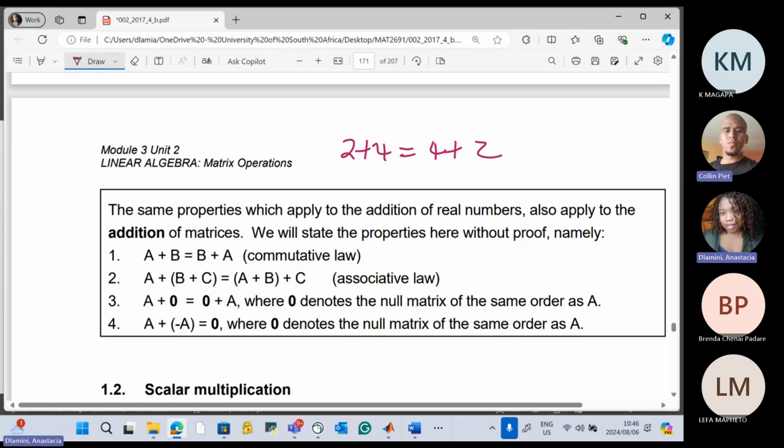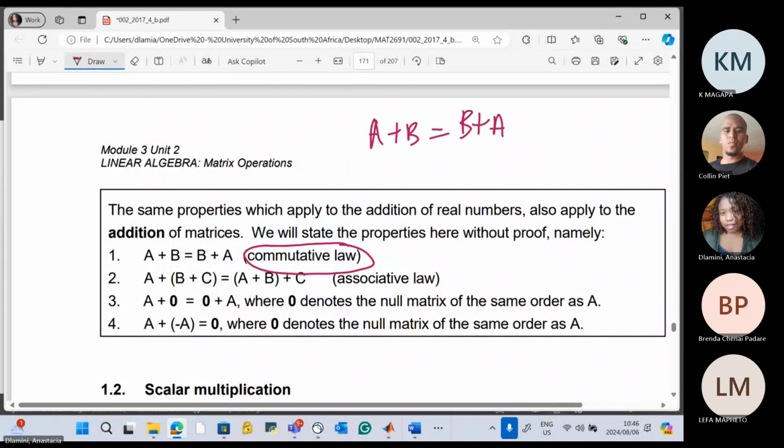That is called the commutative law, and it also applies to matrices. If you have matrix A plus B, it is the same as B plus A. The commutative law only applies to addition and not subtraction, because 2 minus 4 is not the same as 4 minus 2.